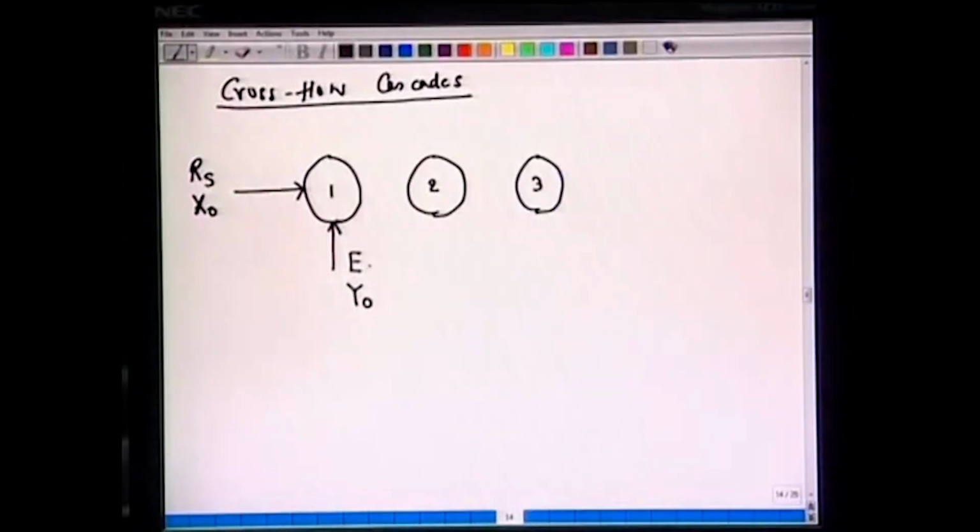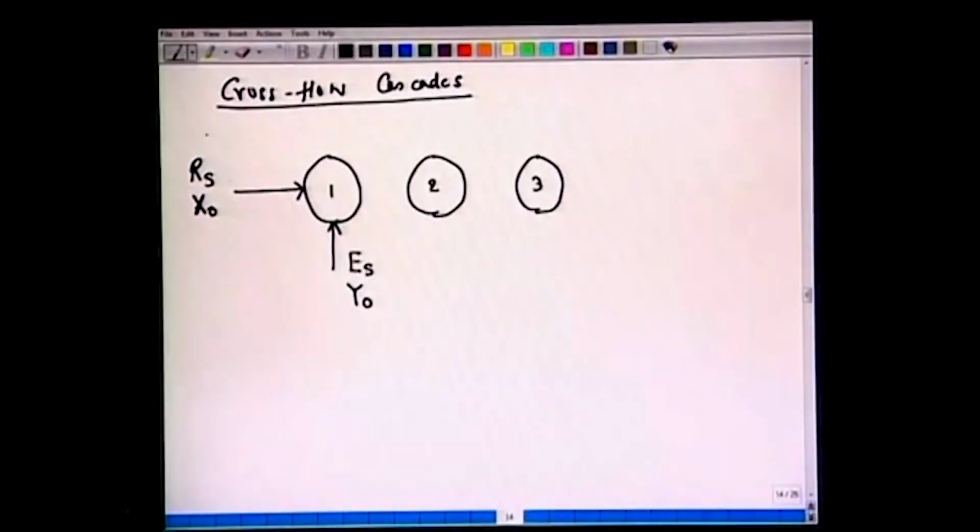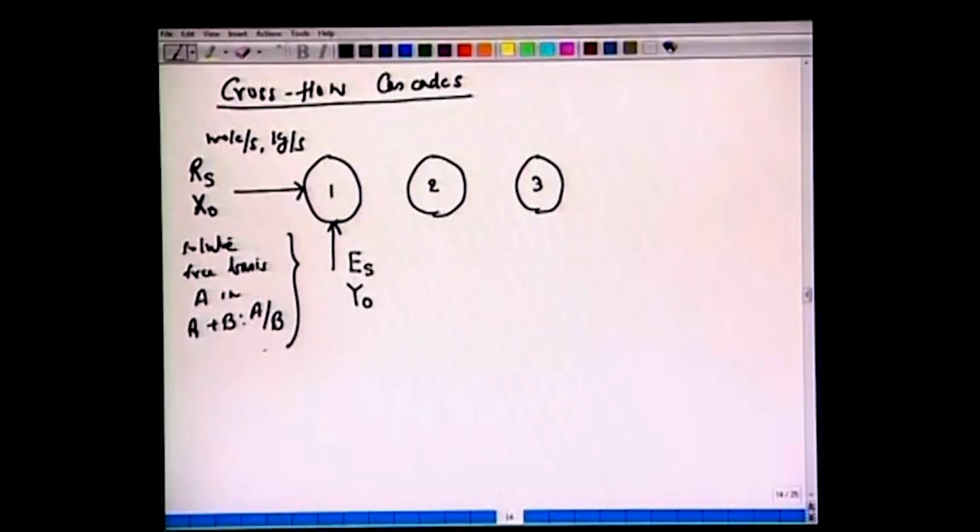Essentially we can write Rs and Es, which is mole per second or kg per second, but on a solute free basis. So, the transfer component, if it is A in A plus B, we are making a balance on A over B. That is the meaning of solute free basis.